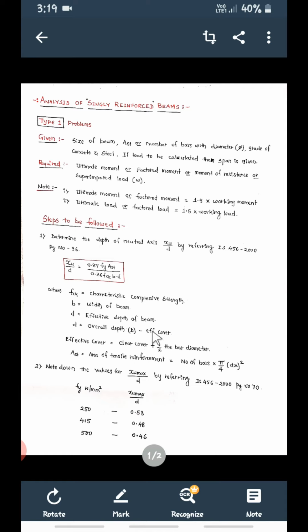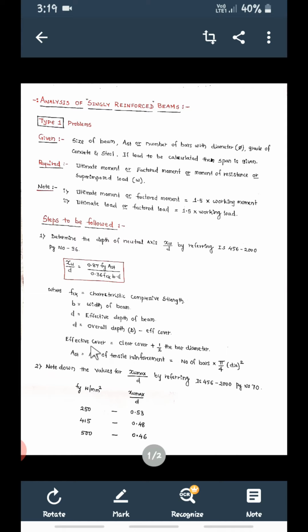So how to calculate this effective cover? Effective cover is equal to clear cover plus half the bar diameter. Whatever clear cover is given in the problem, plus half of whatever bar diameter they give, will give the effective cover.